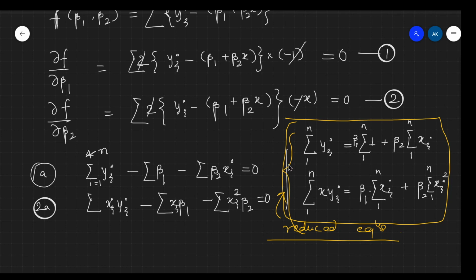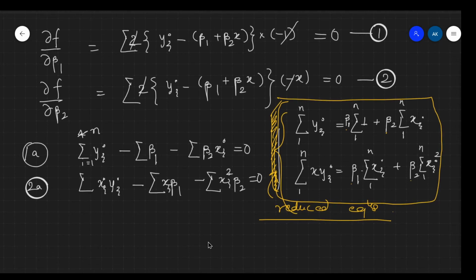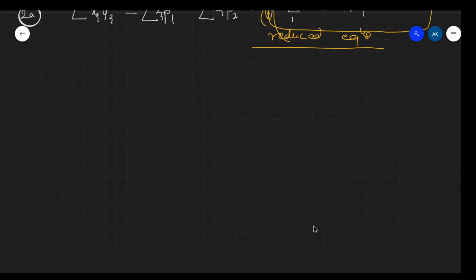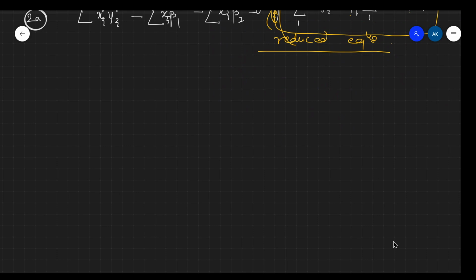Now there are a few things to note, that in this particular question our number of unknowns was only 2, so we got 2 reduced equations. Fine. So suppose I solve the above question again. We will write it down.